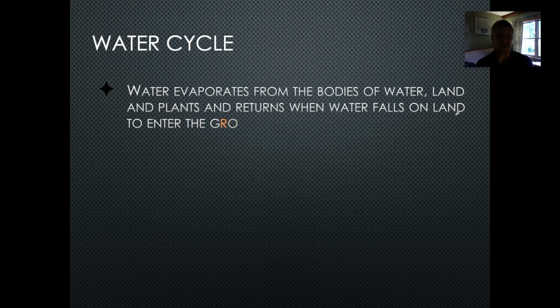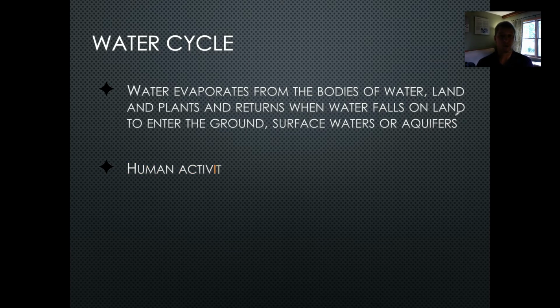In the atmosphere, it gathers together in clouds and then returns to the ground in terms of rainfall, snowfall, and that sort of thing. And when it lands on the ground or even on the surface of an ocean or that sort of thing, it's then returned to the ground. So the water is continuously cycling through the environment.